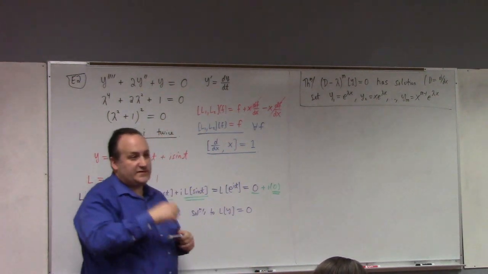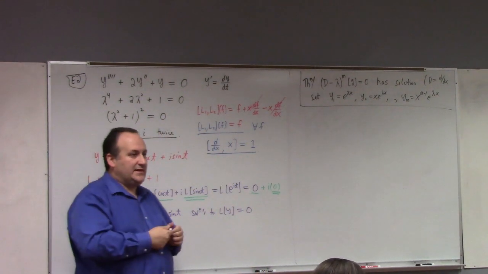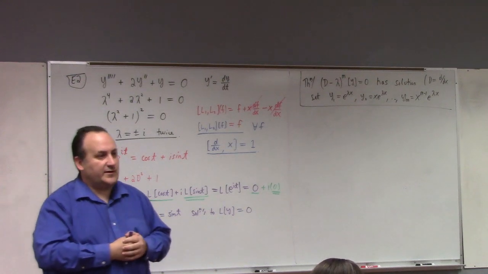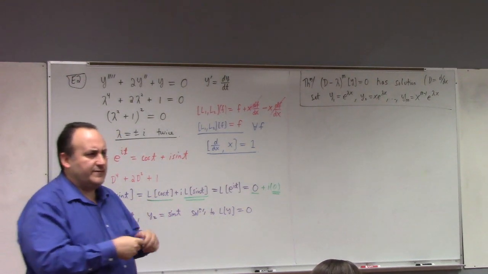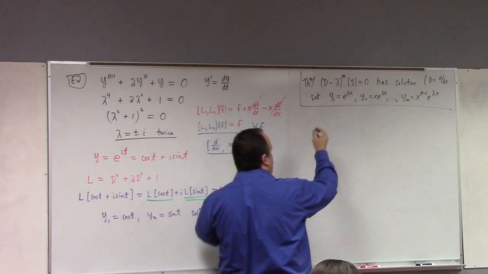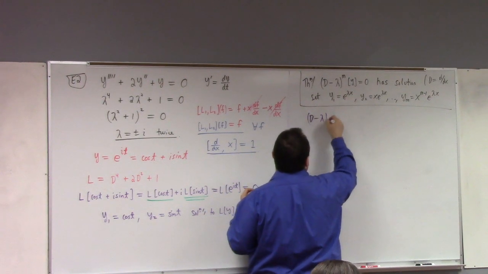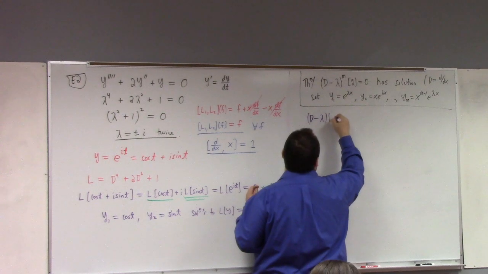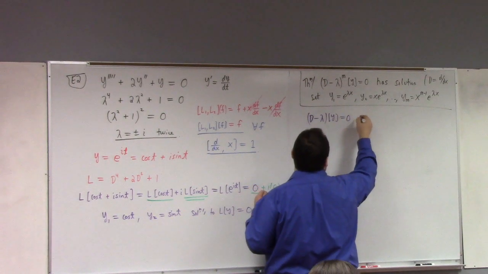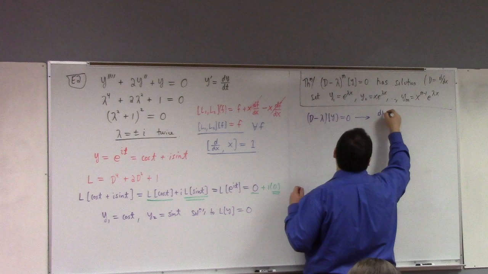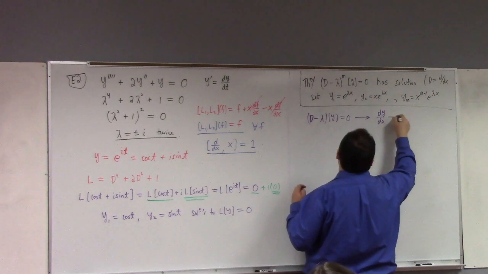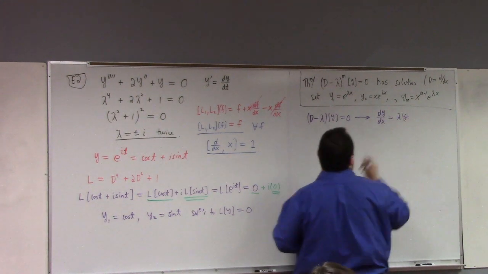Now rather than just prove it coldly, I could show you differentiation makes it work. But let me actually derive this a bit. So if we start with D minus lambda acting on y equals 0, what's that problem? This says that dy dx is lambda y. How do you solve that?